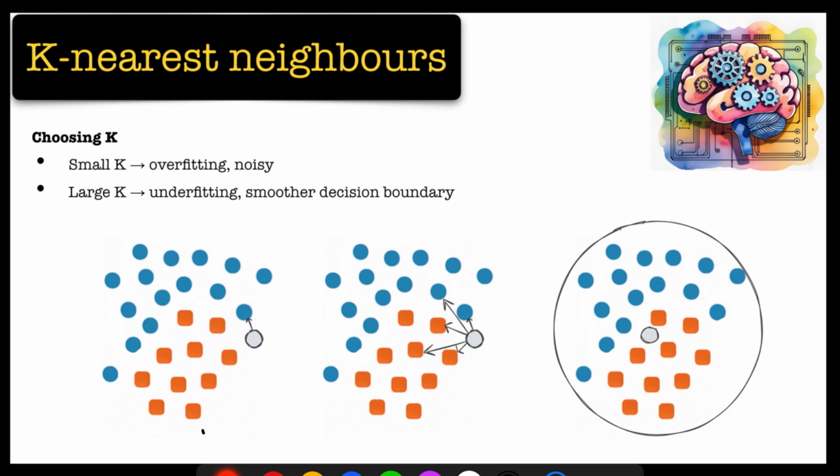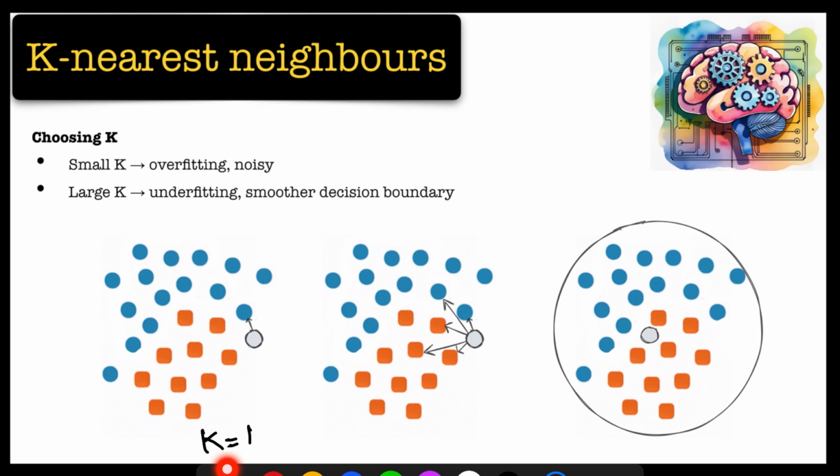The first case is k equals 1. There are two classes, let's say class blue and class orange, and this is the new point. With k equals 1, we will just calculate the one nearest data point and assign it to class blue.